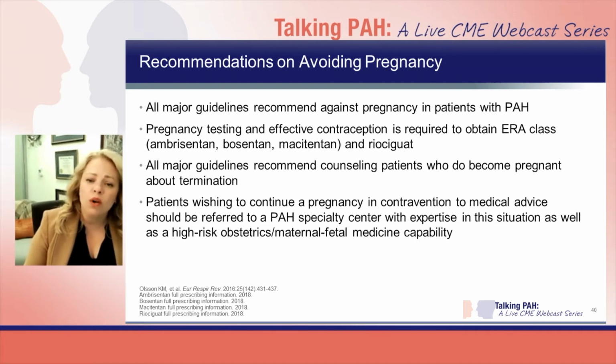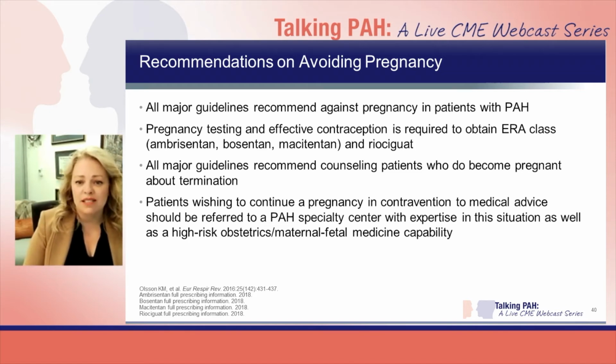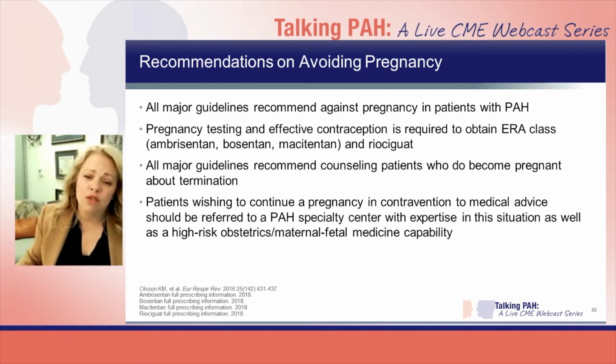But I think it's important to also differentiate having a family and being able to carry a pregnancy with your patients when you're discussing these things. So I do talk to my patients about other options, such as adoption and surrogacy, which I have several patients who have gone through and done that while avoiding the dangerous physiology associated with pregnancy.